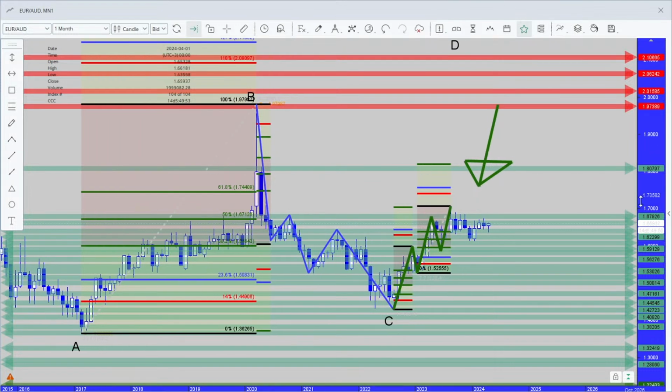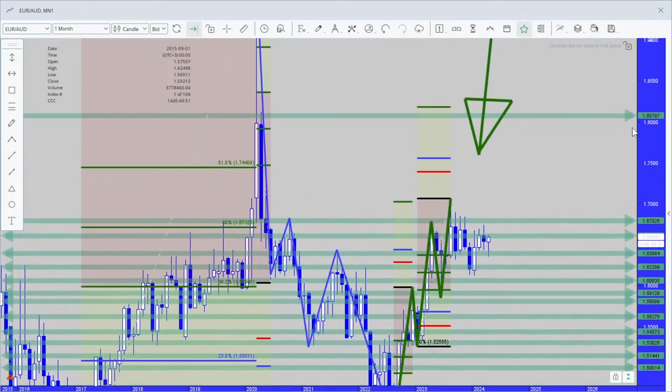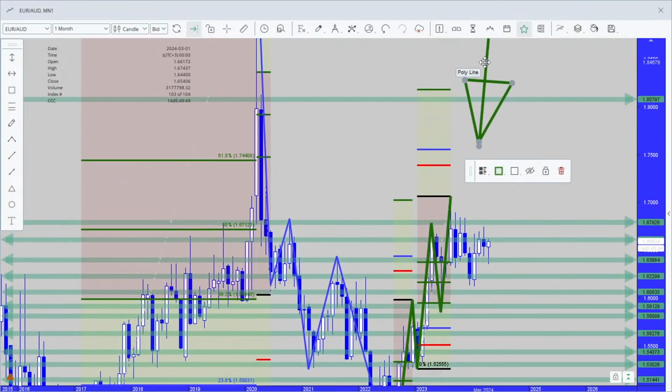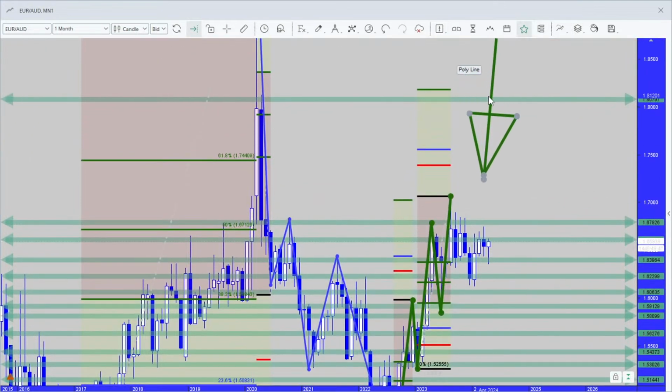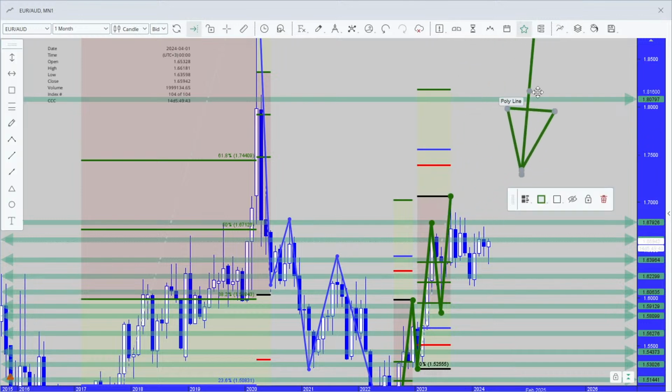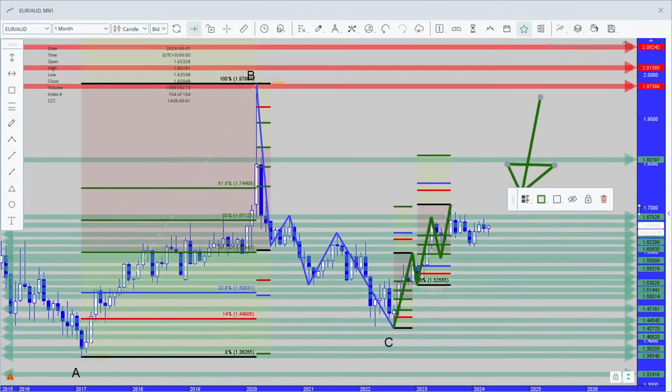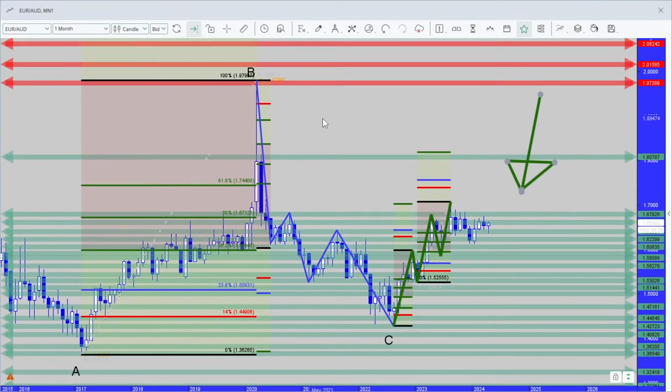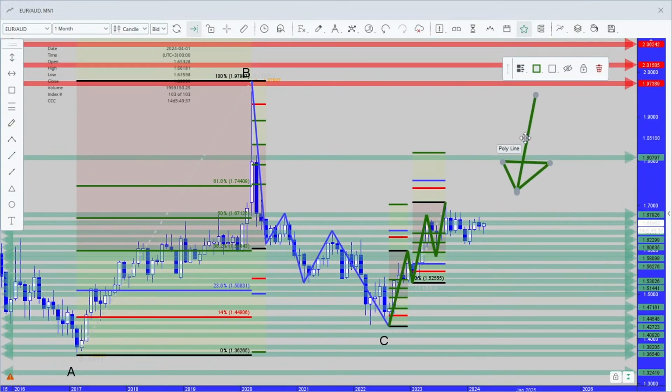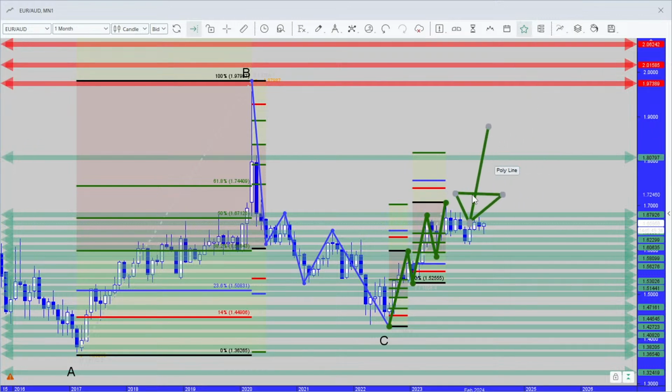Some of you, talking about Fibonacci trading, are too attached to the candles. You are losing opportunities to make money because you are looking just at the candles; you need to have a perspective on the whole picture.